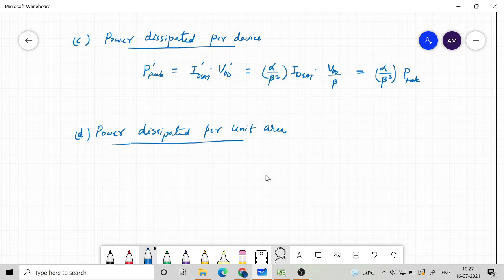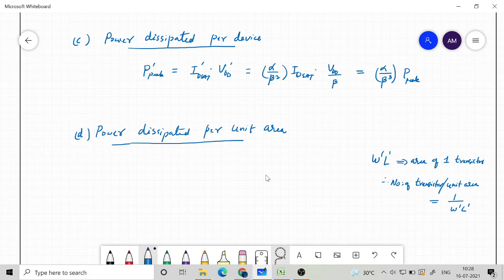So an estimate of the area consumed by one transistor is basically the product of W and L. So W into L is basically the area of one transistor. Therefore the number of transistors per unit area is given by 1 by W dash L dash.